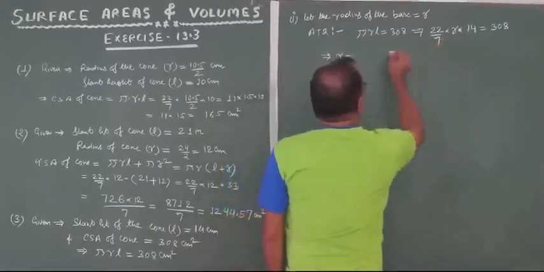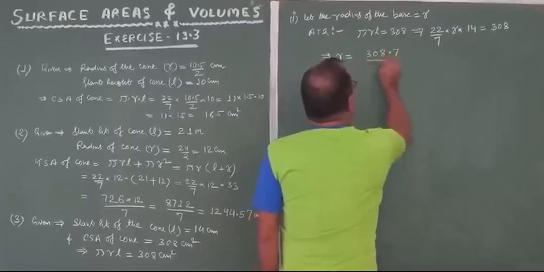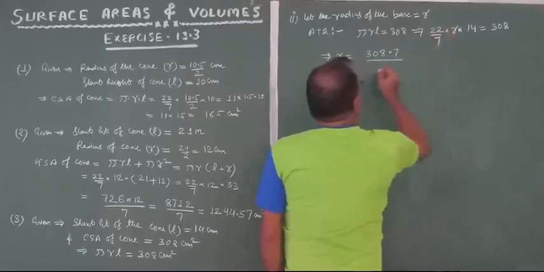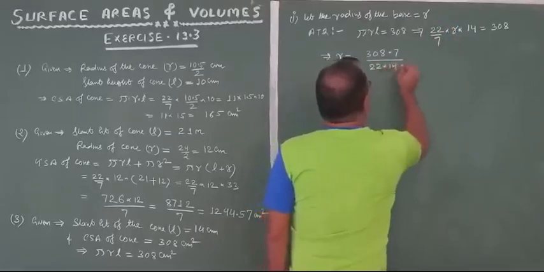This 7 is dividing, so this will multiply there and divided by this multiplied, which is with R, 22 into 14.